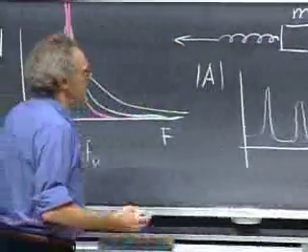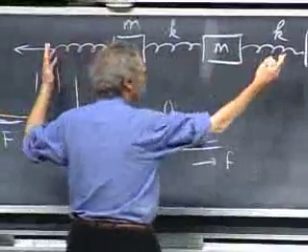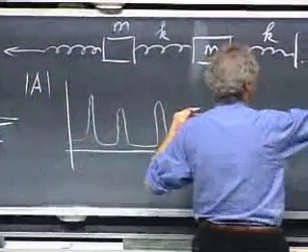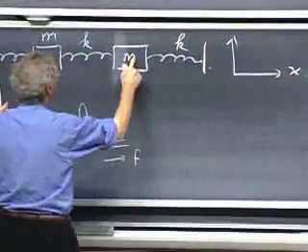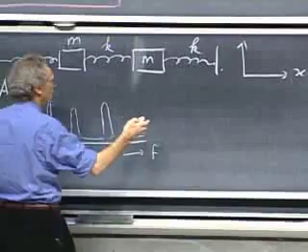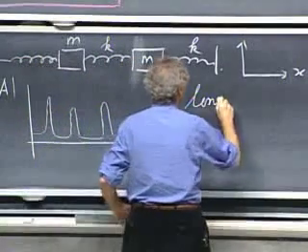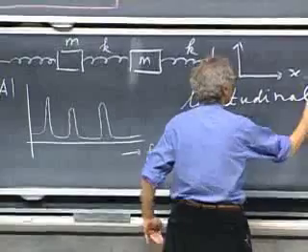In the case here that the objects move in the same direction as the spring, I call this the y direction, and I call this the x direction. So the spring is in the x direction, the beads are in the x direction, and the oscillations are in the x direction. We call those longitudinal oscillations.